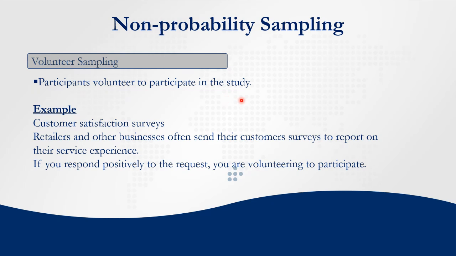The challenge here is that people who volunteer to respond might have certain attributes, so it is prone to bias.